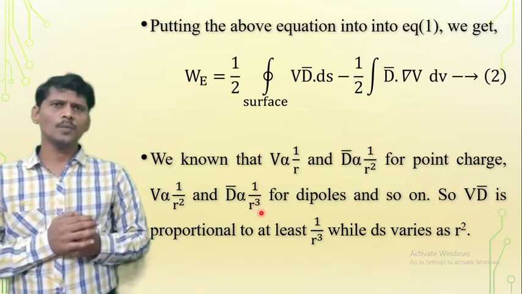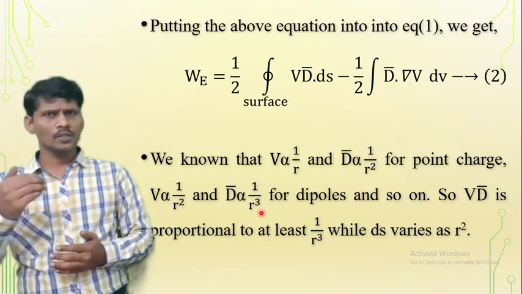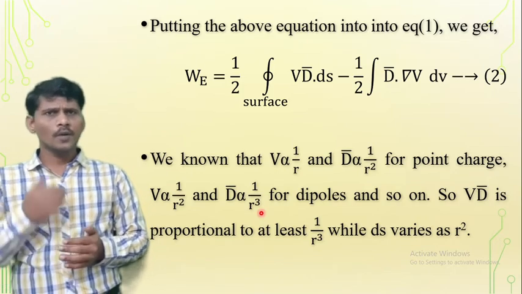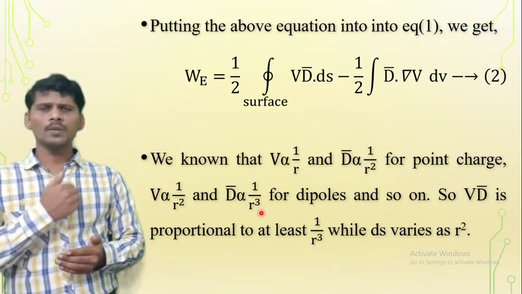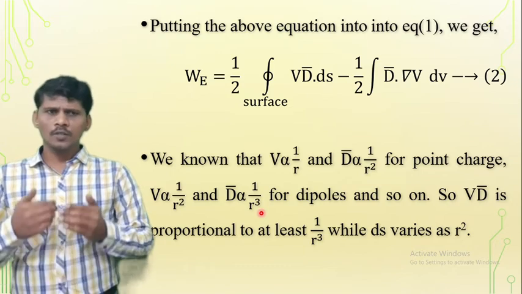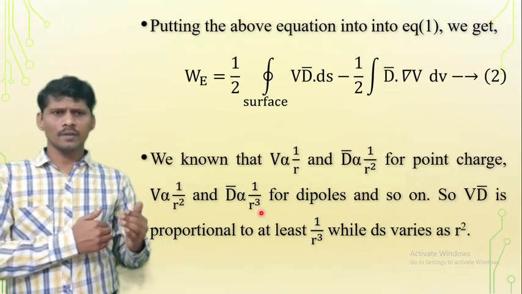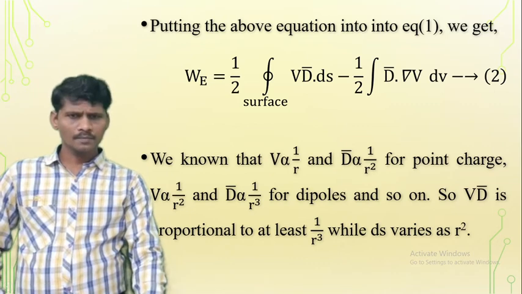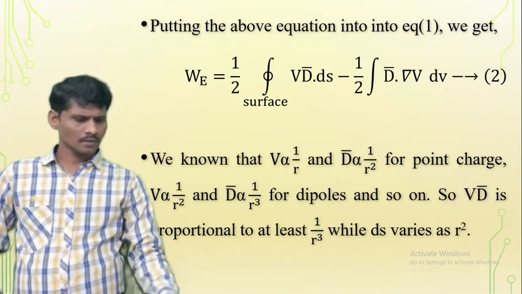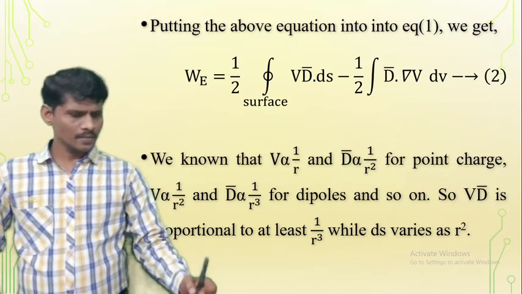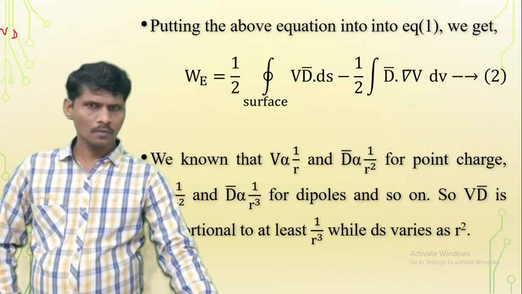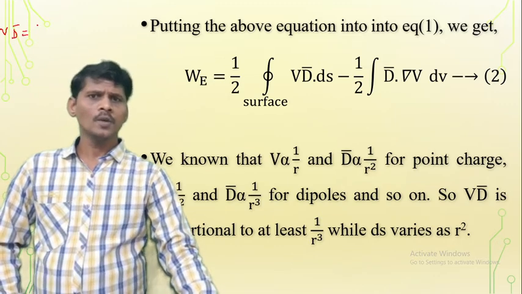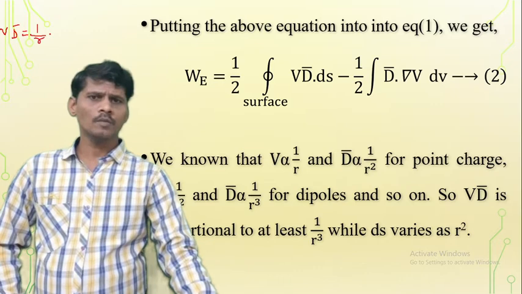If you take the product of V into D bar, where V is the potential and D bar is the flux density, for the point charge, V is directly proportional to 1 by R and D bar is directly proportional to 1 by R square.